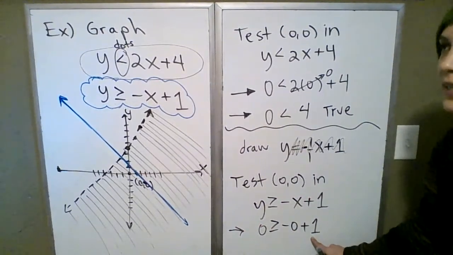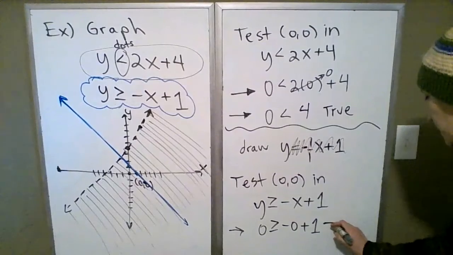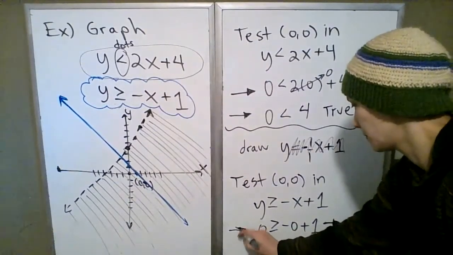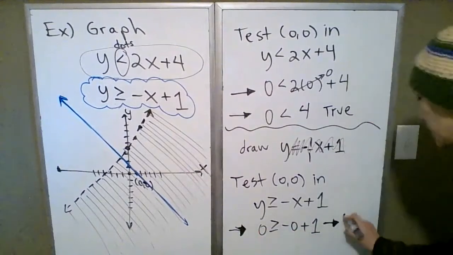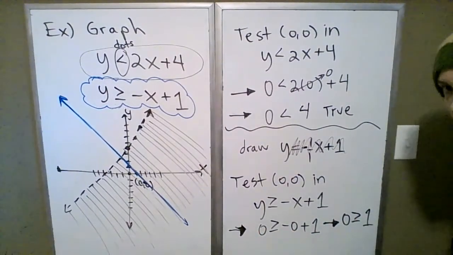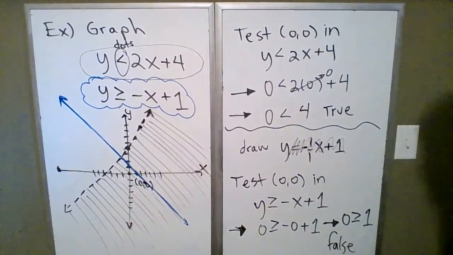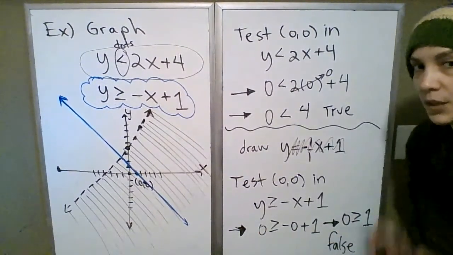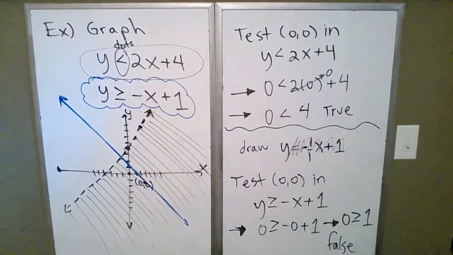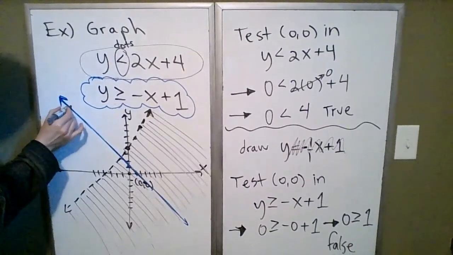So this is saying is 0 greater than or equal to 1. Which would be false. So I don't want to shade over the origin. I want to go to the blue line and shade on the opposite side. So we're going to shade this way.